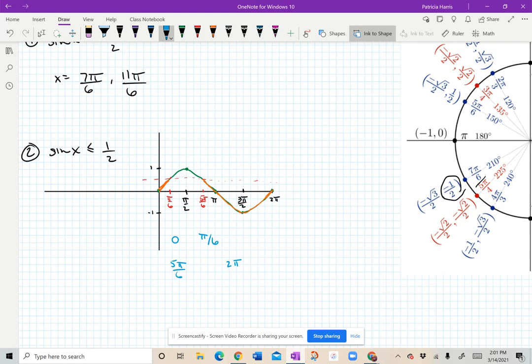So we want less than or equal to, so we can go like this. Like that. Now the reason that we don't have an equal to on the inequality for 2 pi is because if we look at the interval for the solution, I notice that it's a parenthesis. Okay, so it's number 2.